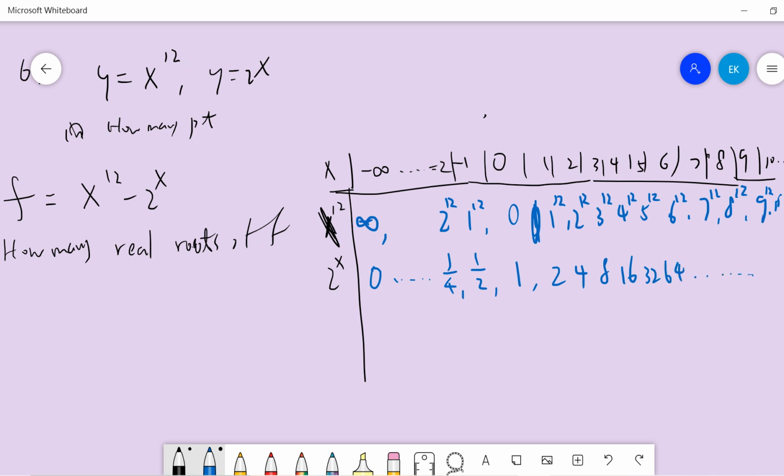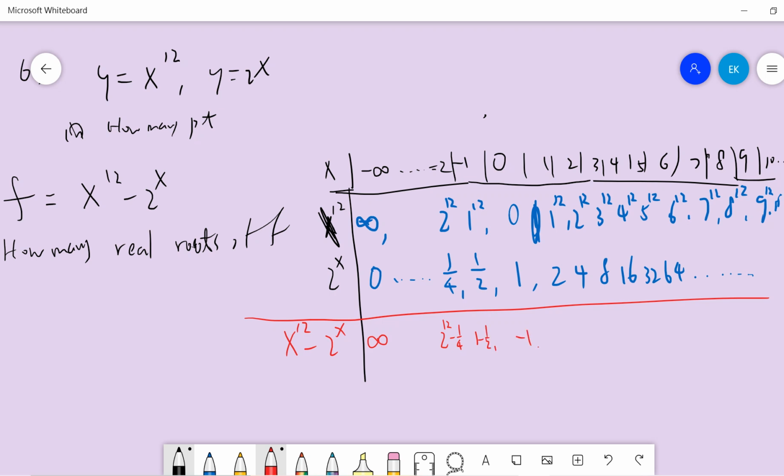Okay, so we compute x^12 minus 2^x. At the far left this is infinity. Then 3^12 minus 1/8, 2^12 minus 1/4, 1 minus a half, and 0 minus 1. This is 1 minus 2, then 2^12 minus 4, 3^12 minus 8. Keep going.